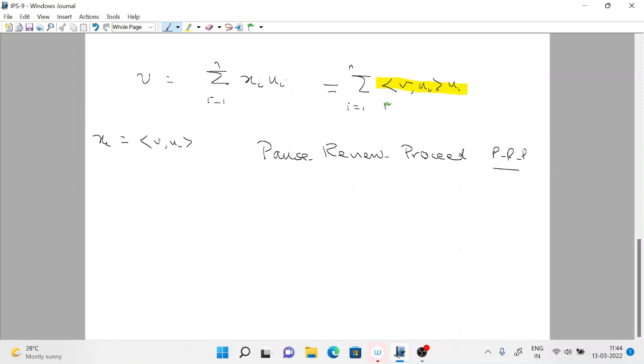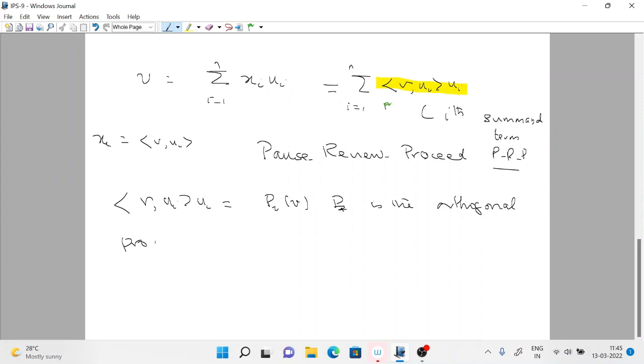You should know this is nothing other than the ith term, the ith summand. This term, the inner product of v with ui times ui, is nothing other than pi of v, where pi of v is the orthogonal projection of v onto the subspace F times ui, the one-dimensional subspace.